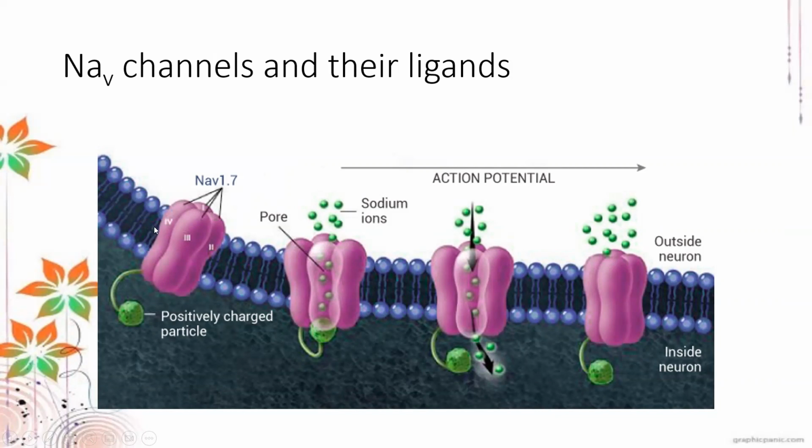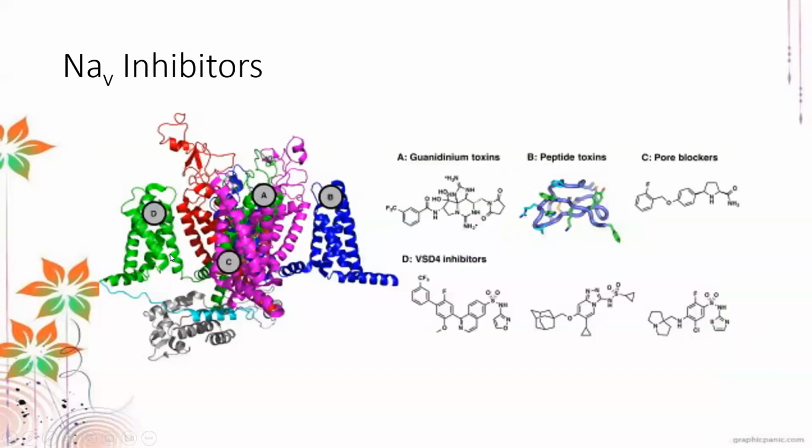It reaches the -50 threshold, it opens, and as a sodium channel, it allows the passage of the sodium ion. So this is your voltage gated sodium channel, our target for this laboratory activity.